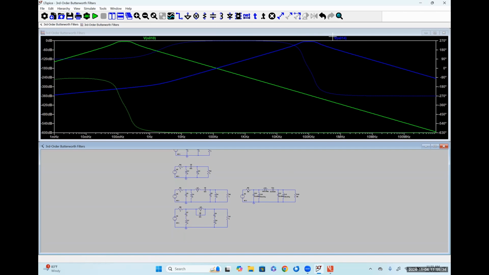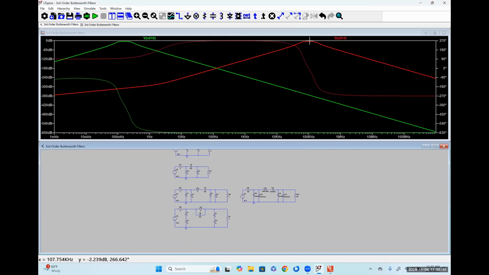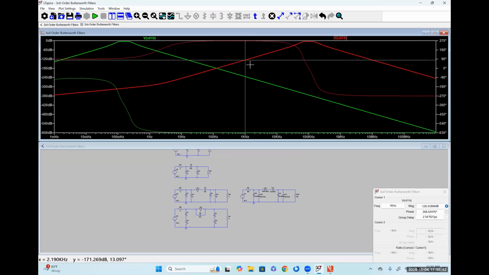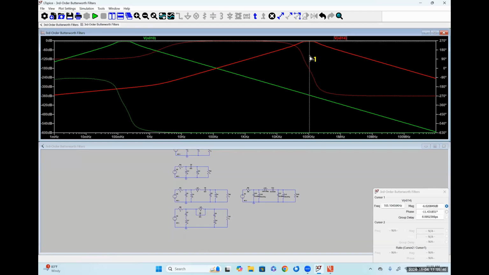Let me change the color of this once again to red. So if we look here, center, pretty much spot on for 100 kilohertz, right? So that part works, but it looks like our bandwidth is the exact same thing, right? So our bandwidth is still just our center frequency.